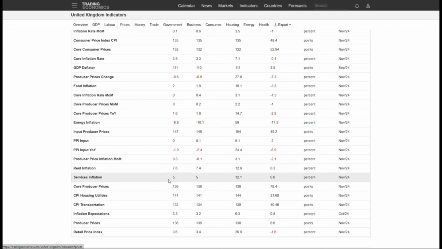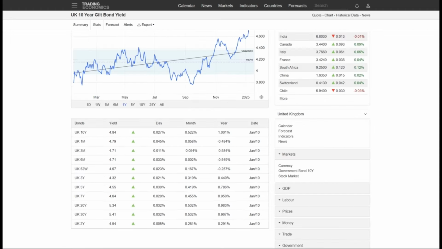Services inflation was mentioned also by the Bank of England. Services inflation is 5%, and the Bank of England has managed to cut rates to 4.75%, so actually it's below services inflation. So they are taking a risk, and the market has answered in a different way.